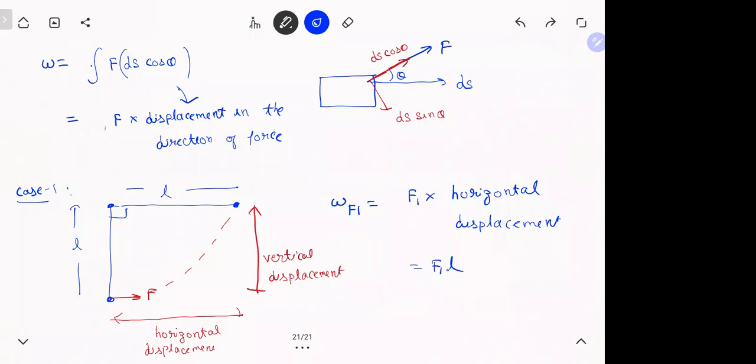Here you can also write this as force into displacement in the direction of force. That is the whole meaning of a dot product. You're taking component of one vector in the direction of another vector. Now that could be anything. You can take F in terms of S or S in terms of F. So using this logic, how do you do the second and third? Put this down, I'll show you on the next page.